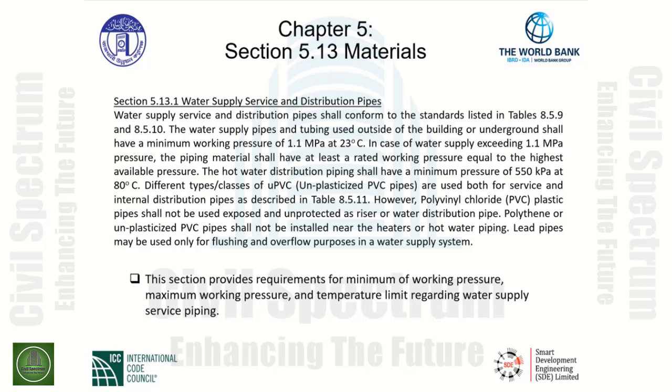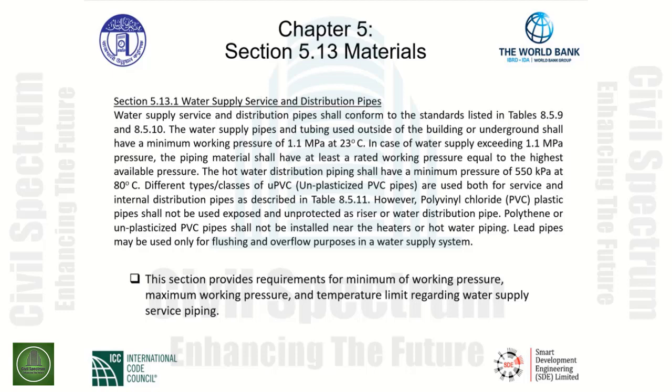So right there is a minimum requirement for the working pressure that water supply pipes used outside of the building or underground must meet. In case of water supply exceeding 1.1 megapascal pressure, the piping material shall have at least a rated working pressure equal to the highest available pressure.